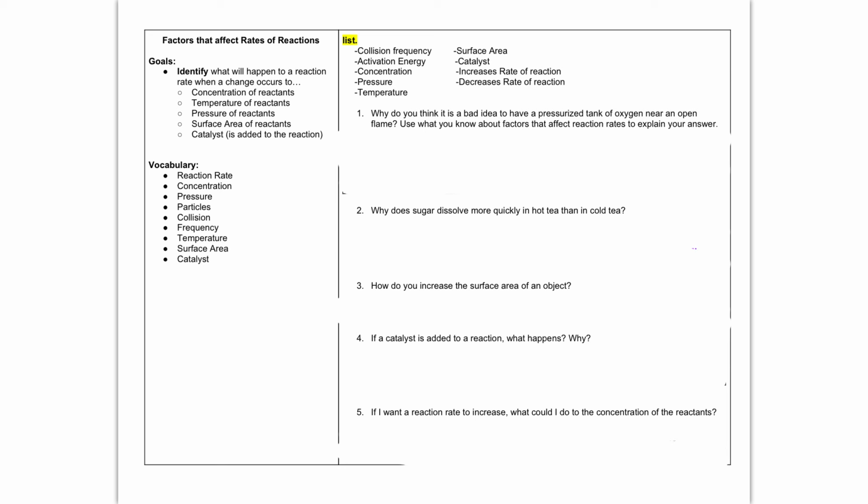So the first question is, why do you think it's a bad idea to have a pressurized tank of oxygen near an open flame? Use what you know about factors that affect reaction rates to explain your answer. So in your answers, you must include words from this list, okay?